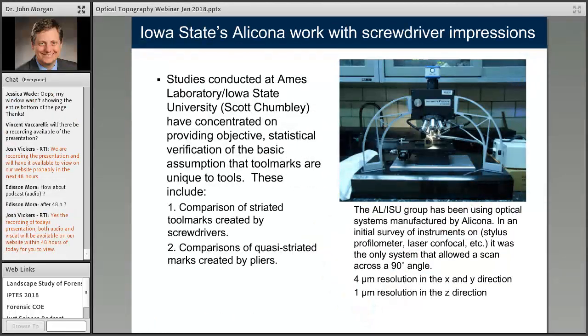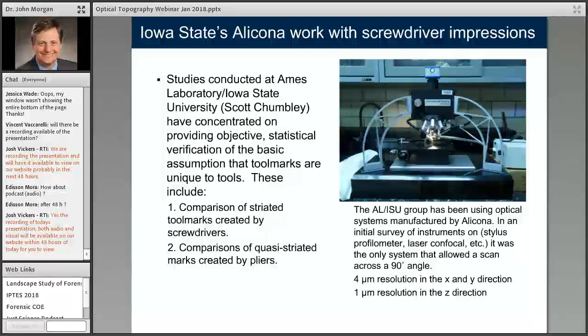One of the pieces of research I really enjoy in this area is not in firearms per se, but a different kind of tool mark. Scott Chumbley at Iowa State has looked at using the Alicona to look at screwdriver impressions, as well as some other tool mark impressions, to help provide an objective and statistical verification of the assumption that tool marks are unique to tools.